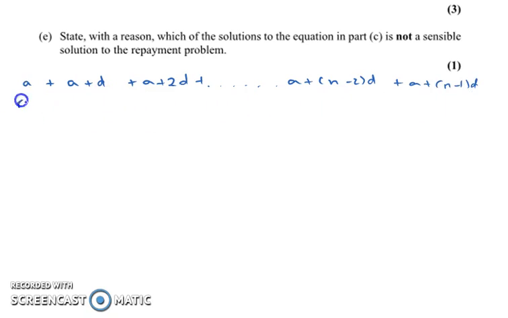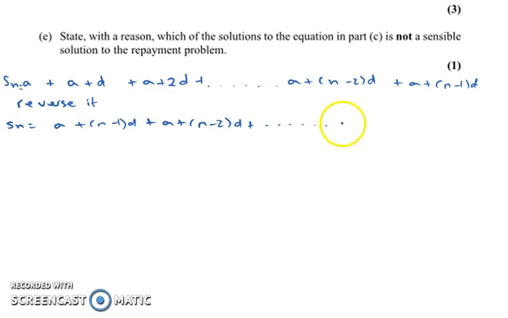If we reverse it, so Sn is also equal to a add n minus 1 d, and a add n minus 2d. We go all the way through, a add 2d, a add d, and a.